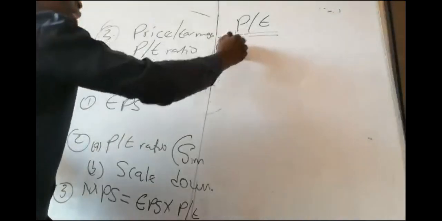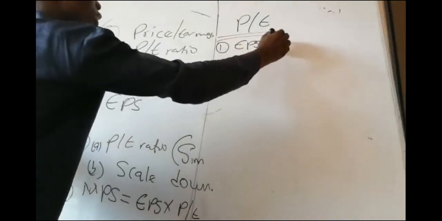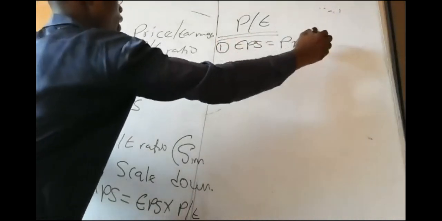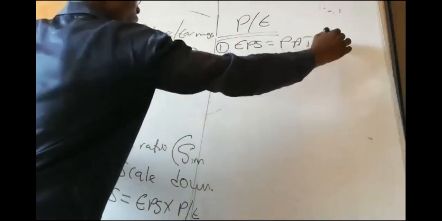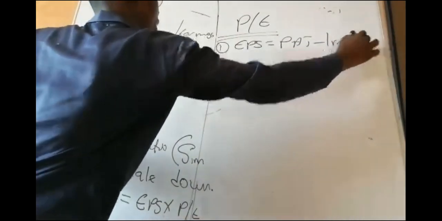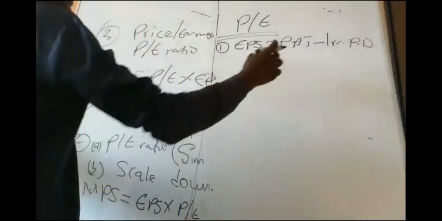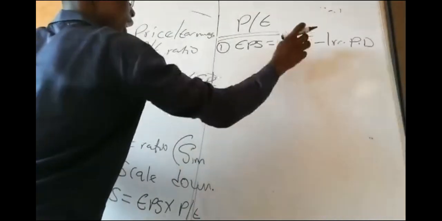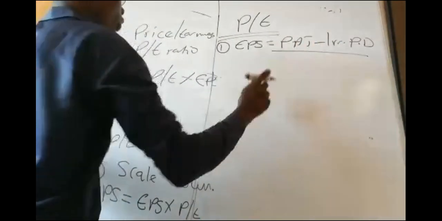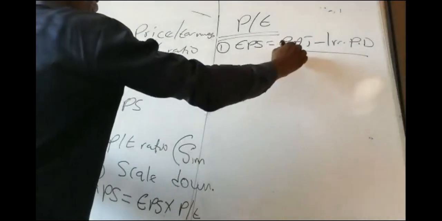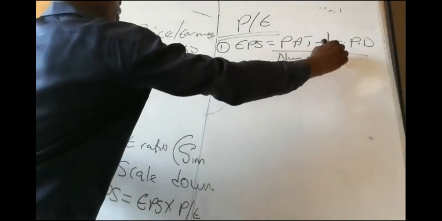The earnings per share is equal to profit after tax minus irredeemable preference dividend, if it's in the question. If there's no irredeemable preference dividend, I just divide the profit after tax by the number of shares.